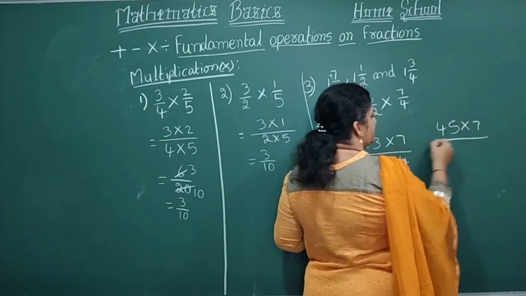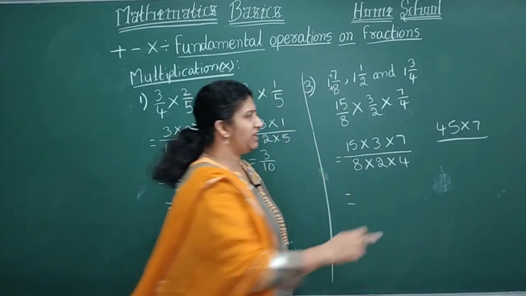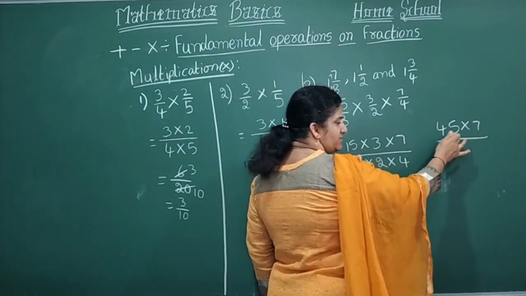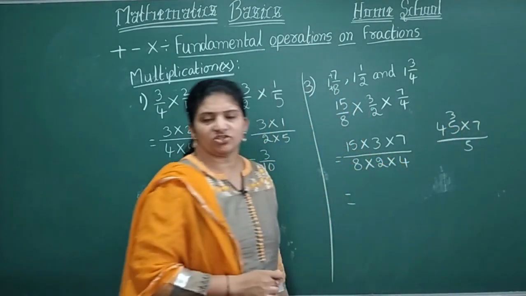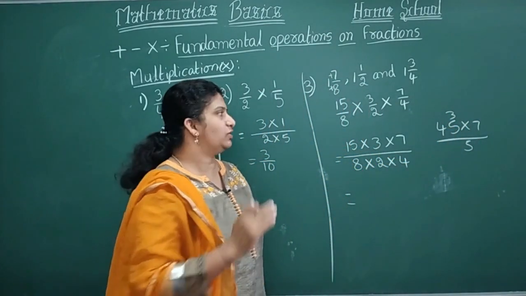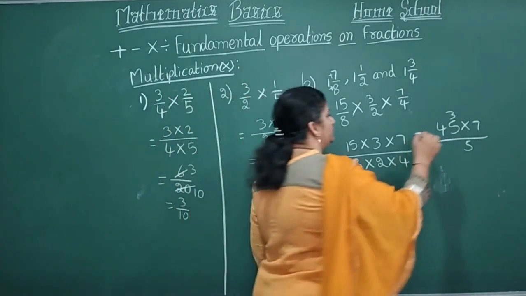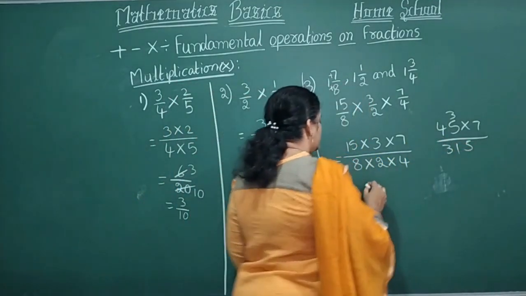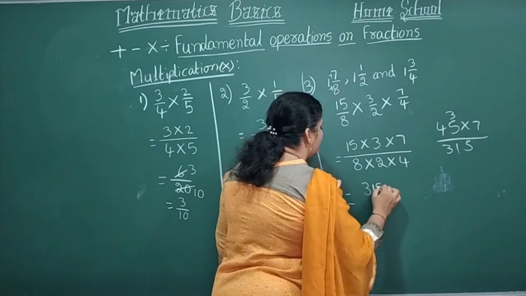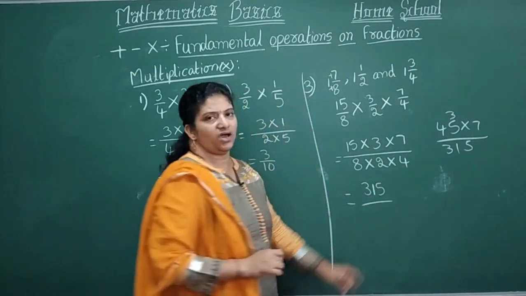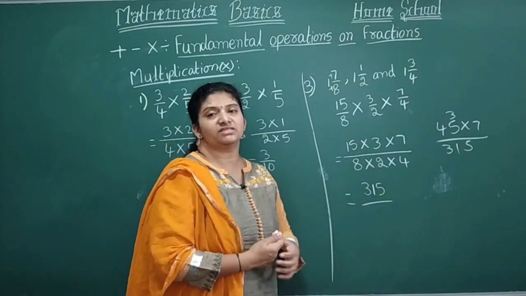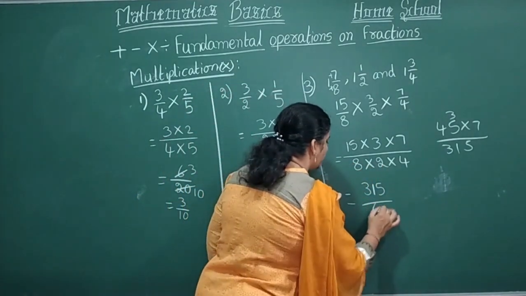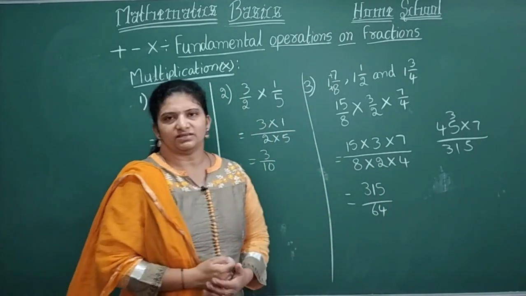Do the multiplication: 7 5s are 35, 7 4s are 28, 28 plus 3 is 31. So the numerator will be 315 by, now 4 2s are 8, 8 8s are 64. This is your answer.